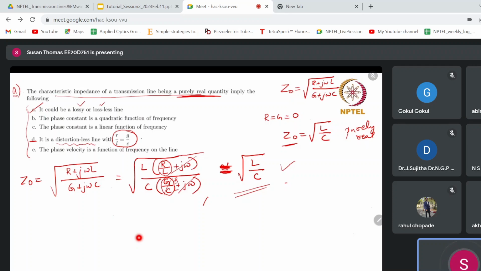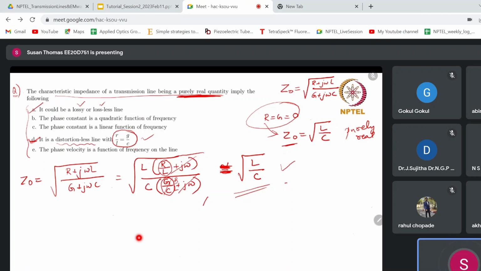In lossless line, this is the condition, so you get purely real. In lossy line, whenever it is a distortionless line, we will have this to be purely real. So right away I can tick these two options, A and D.